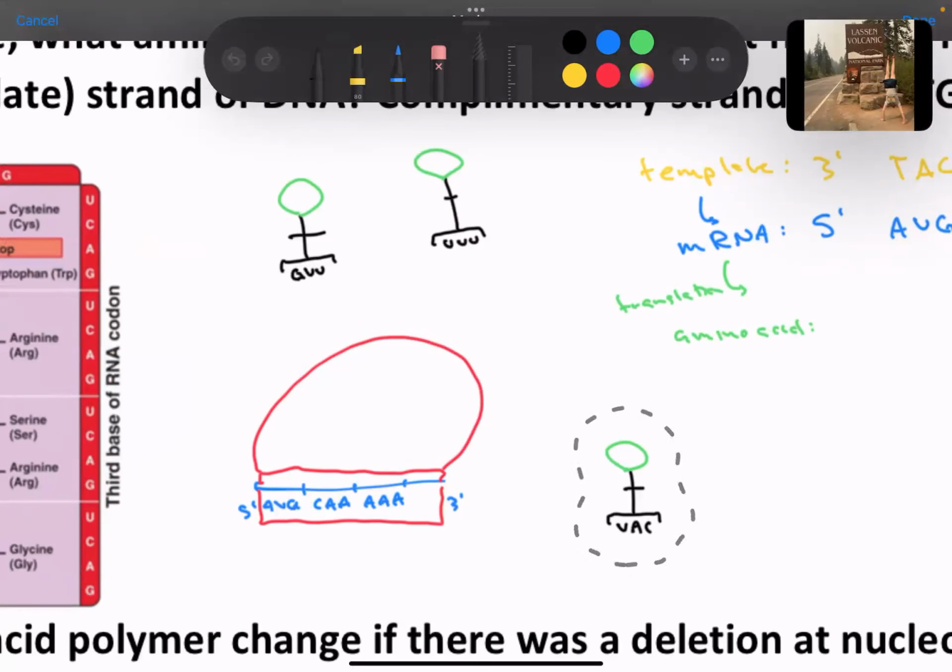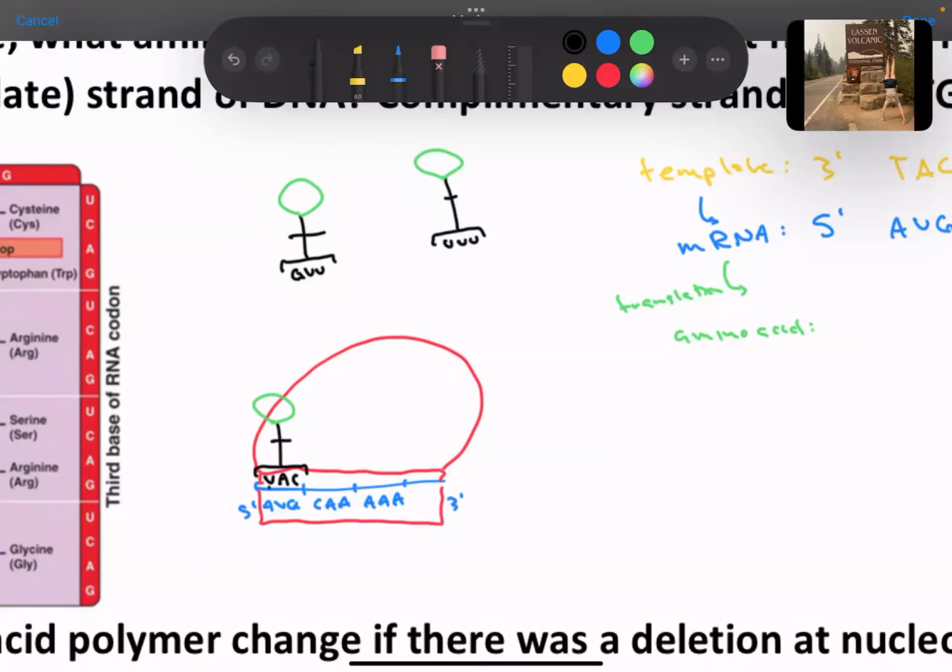Sorry. So yeah, these anticodons, the tRNAs with anticodons on the bottom that also have this green amino acid attached, are going to migrate to our ribosomes, and they're going to stick onto the mRNA, and they're going to bind.